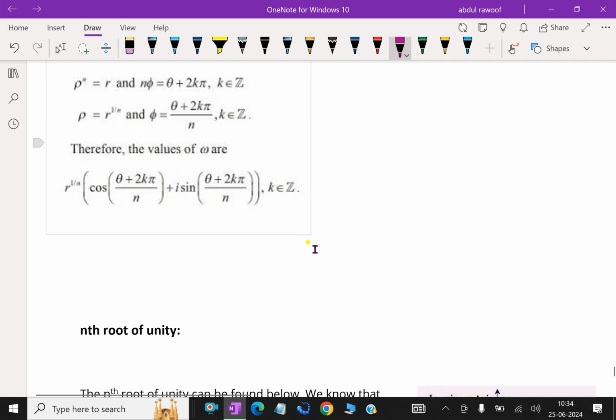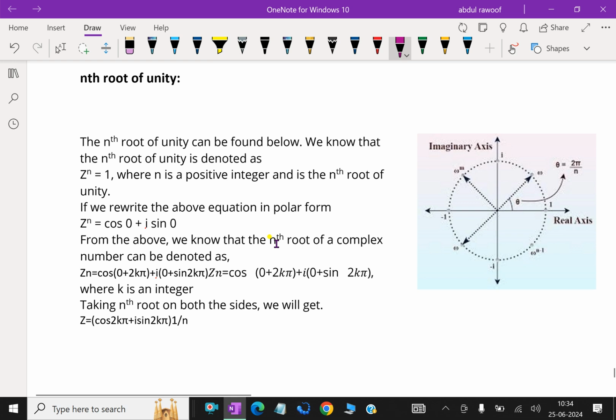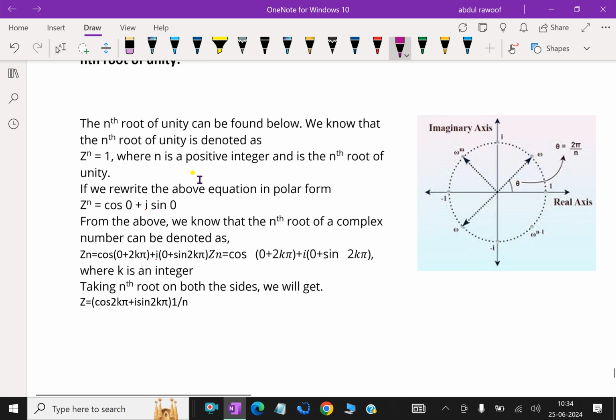Next one, nth root of unity. What is the nth root of unity? The nth root of unity can be found below. We know that the nth root of unity is denoted as z power n equal to 1, where n is a positive integer. If you rewrite this equation in polar form, that is z power n equal to cos theta plus i sin theta.